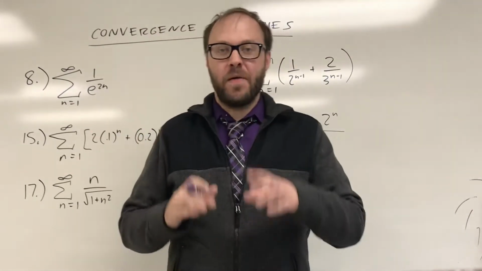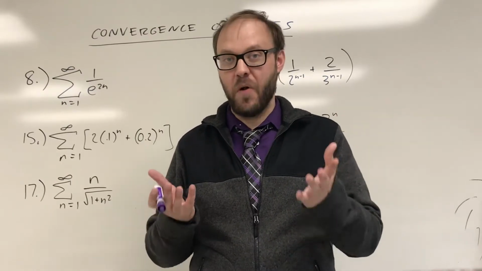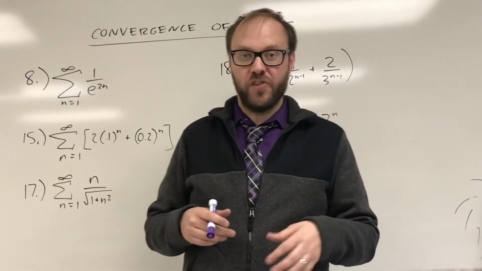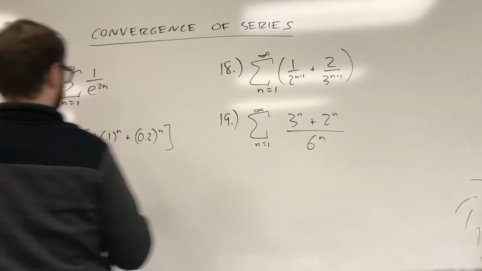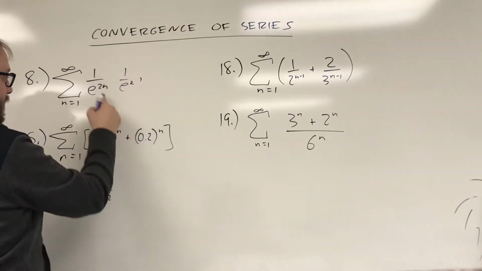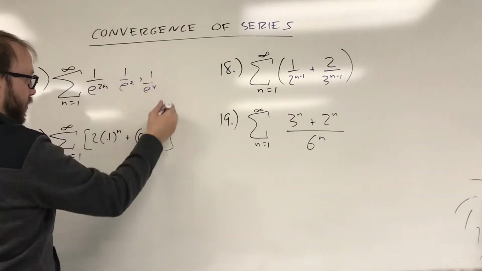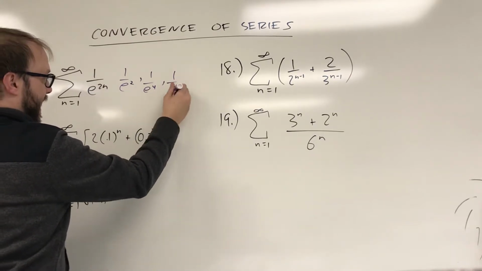Question 8. Remember, the idea here in this section is implying that most of these are geometric series. So you could list out a couple of terms, and I think you would start to see what was happening here. If n is equal to 1, you've got e squared. If n is equal to 2, you've got e to the 4th. If n is equal to 3, you've got e to the 6th, and so on.